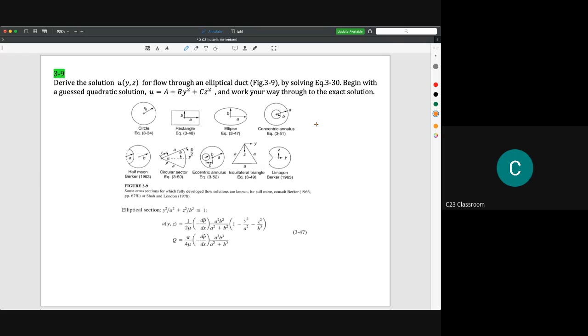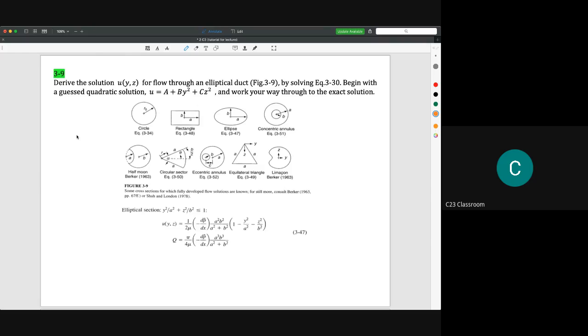Okay, and then again, we need to derive u, meaning the velocity. If you can see, all the questions are about integration, derivation, and velocity. So let's say we have this question 3.9. We need to derive the solution of u, y, z for flow through an elliptical duct, figure 3.9 in your textbook.